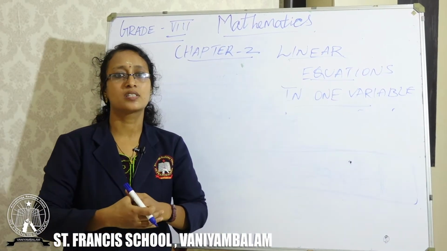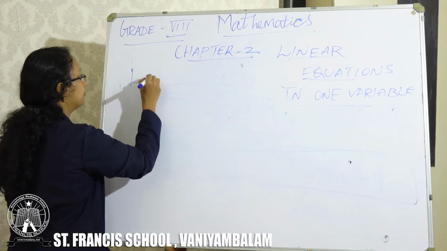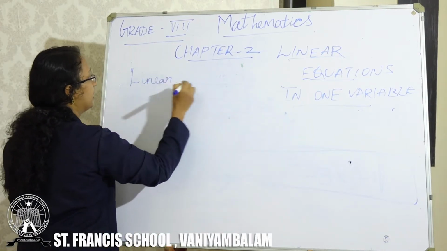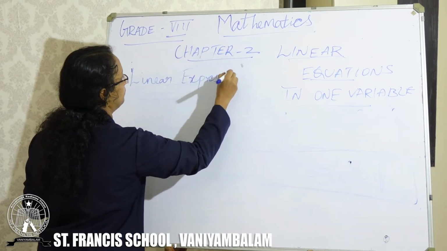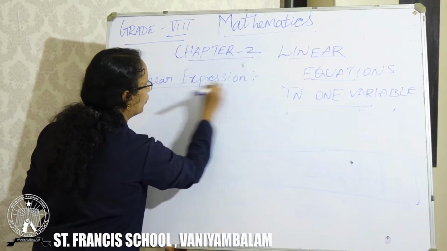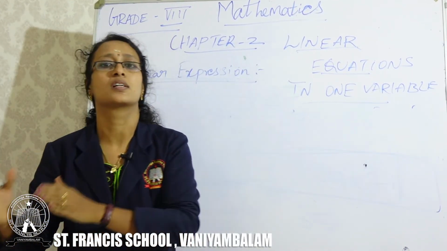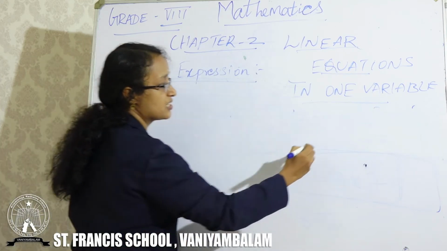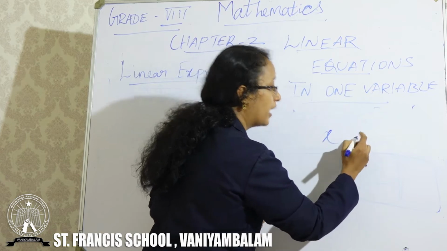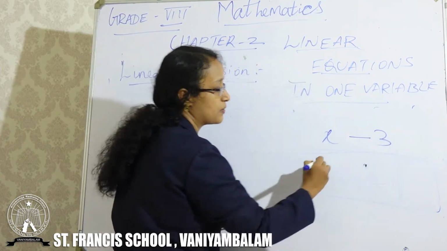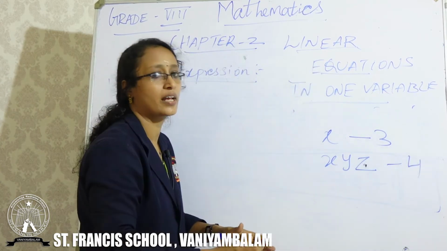Next we are going to study what a linear expression is. You know what an expression is and what an equation is. x is also an expression, x minus 3 is also an expression, x, y, z minus 4 is also an expression.